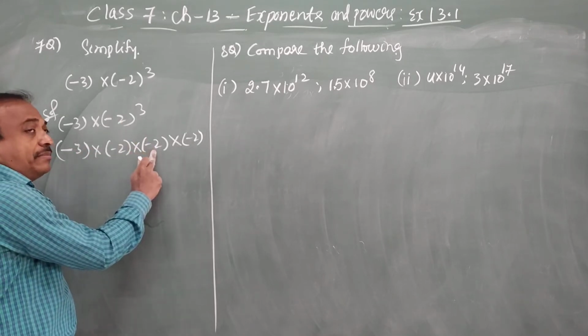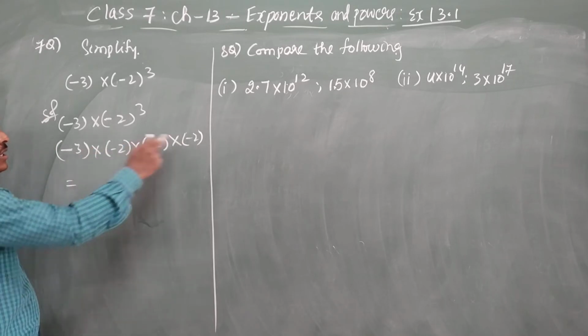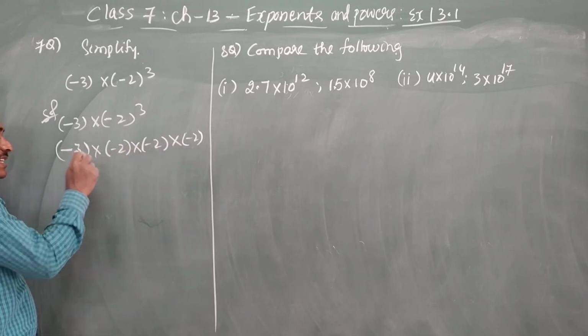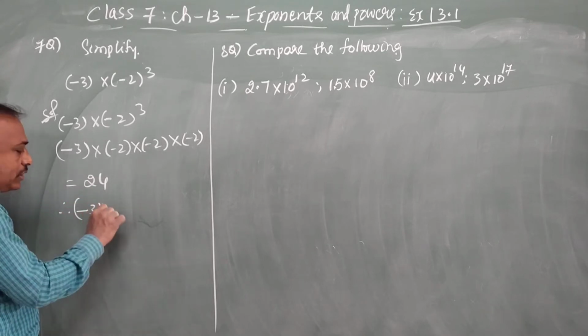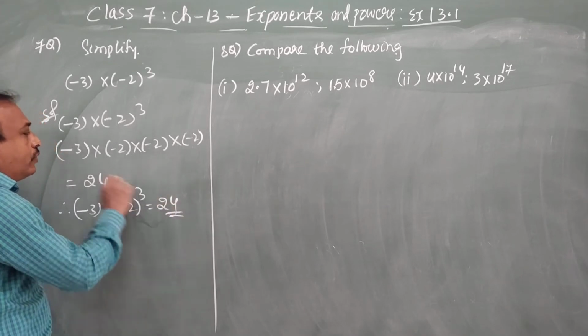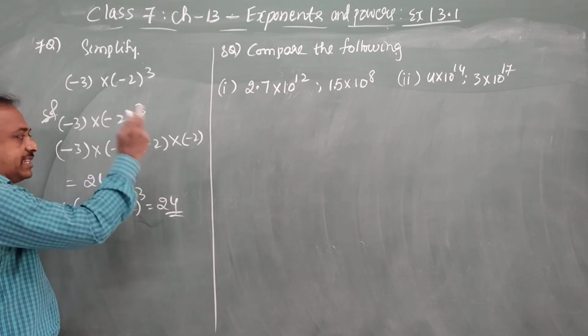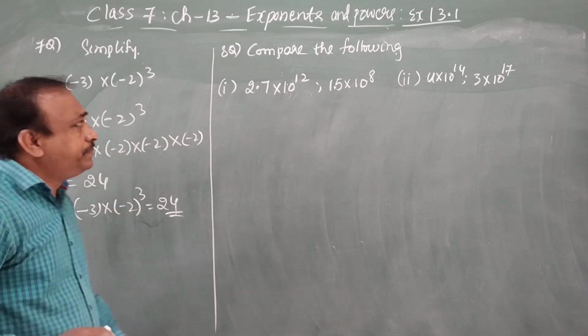Plus into minus is minus. Minus into minus is plus. So the result is 2 twos are 4, 4 twos are 8, 8 threes are 24. Therefore, minus 3 into minus 2 whole to the power 3 is equal to 24.